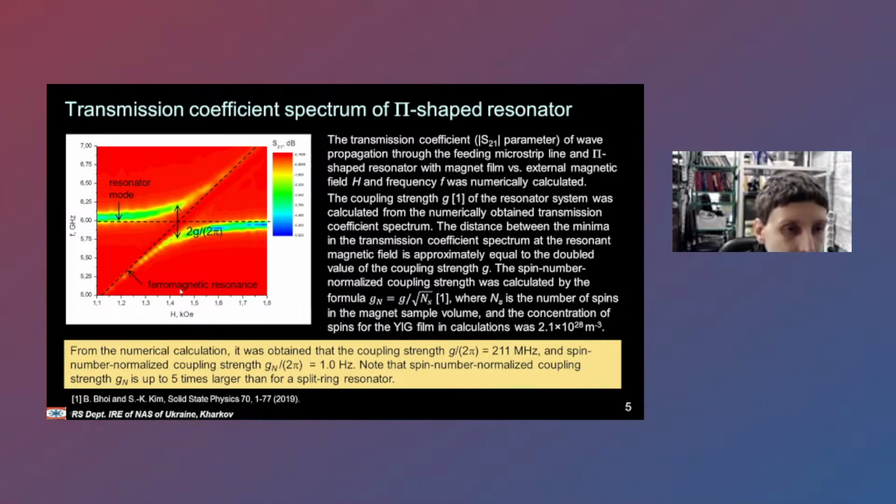At the resonance DC magnetic field, we can obtain the distance between these modes in frequency units. And this distance between the minima of the transmission coefficient spectrum is approximately equal to double the coupling strength.